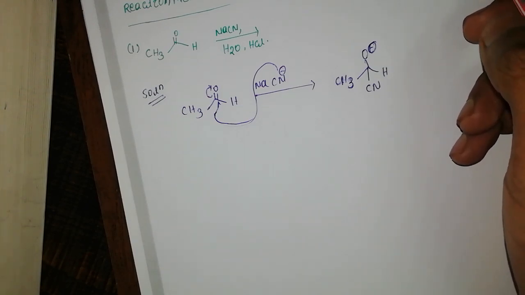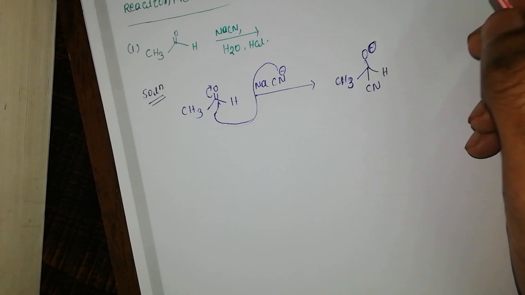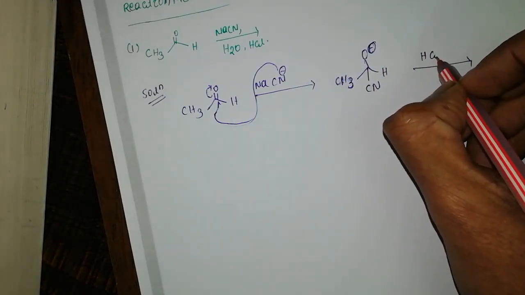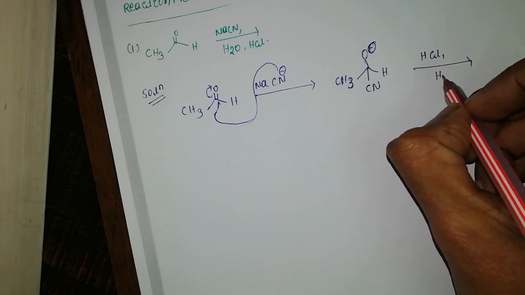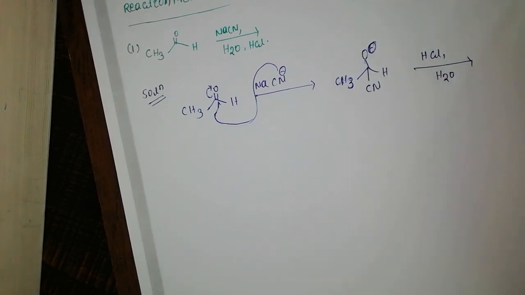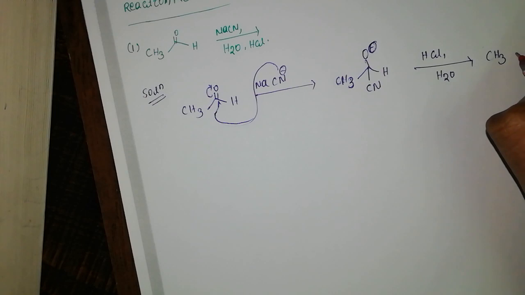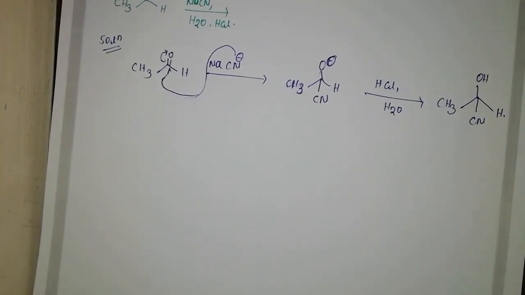So further we have HCl, which means H+, an acidic medium, and H2O, which is a solvent. We know that it is a polar protic solvent. So what will happen, CH3, this will be our final product.